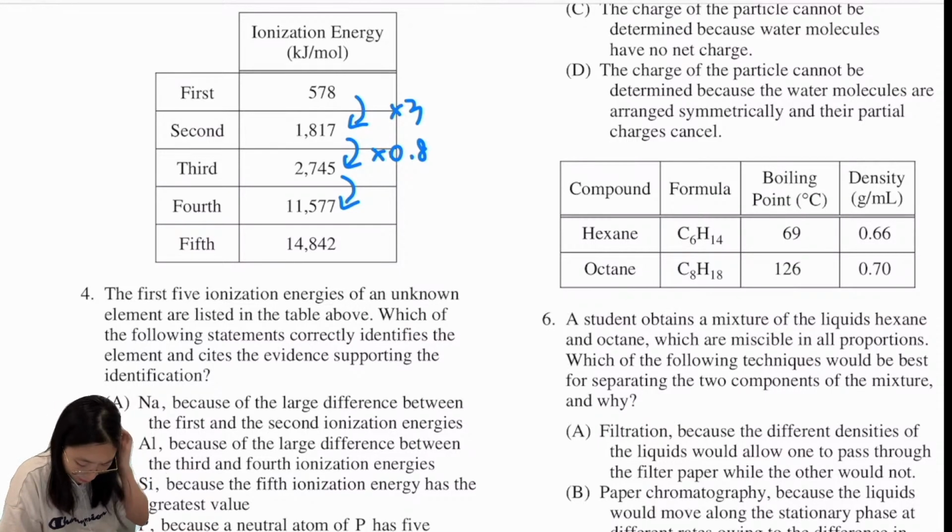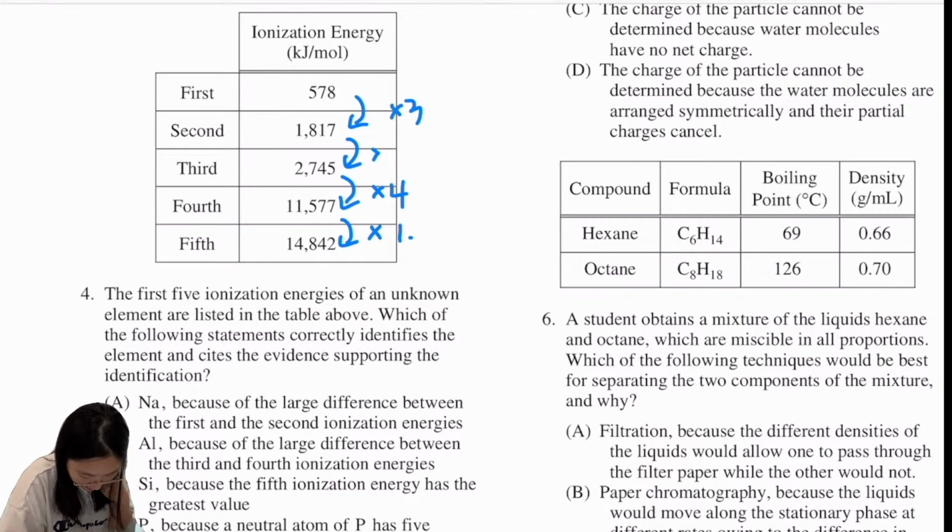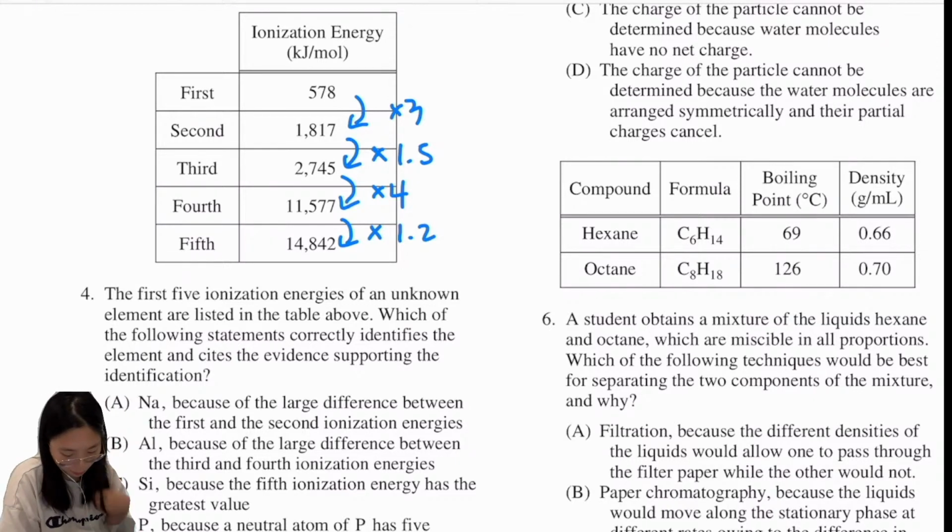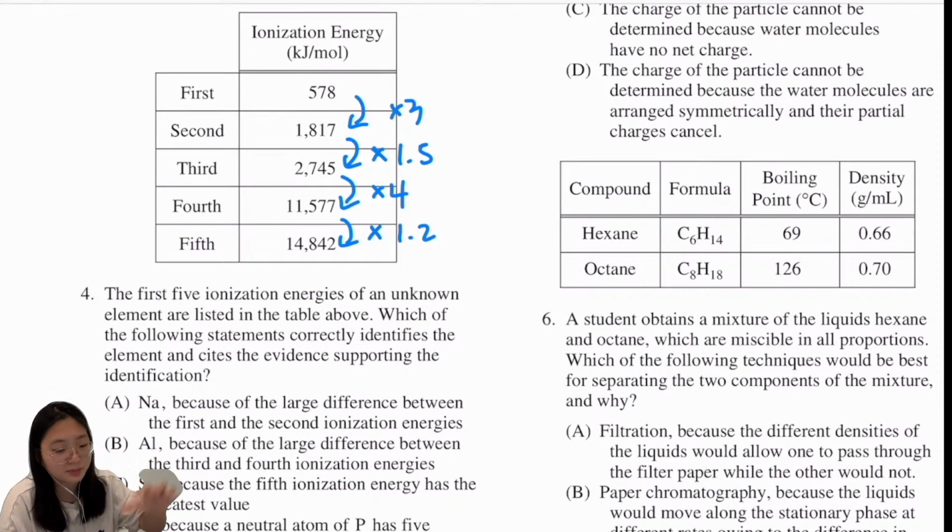That's about 4 times bigger, right? Okay, and then now this one should be about, let's say, 1.5. This is approximately just 1.2. Okay, so which one is the biggest step, the biggest increase?